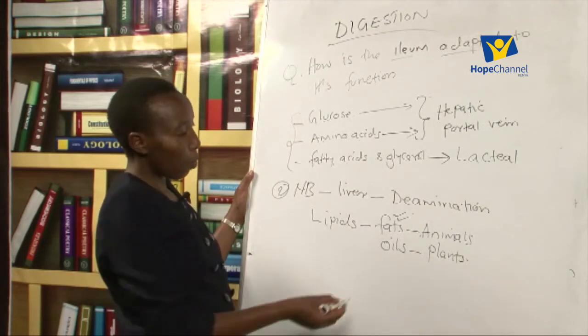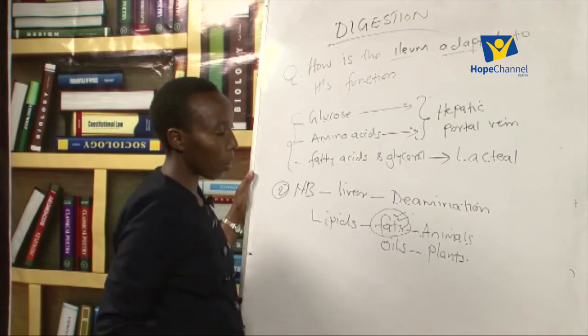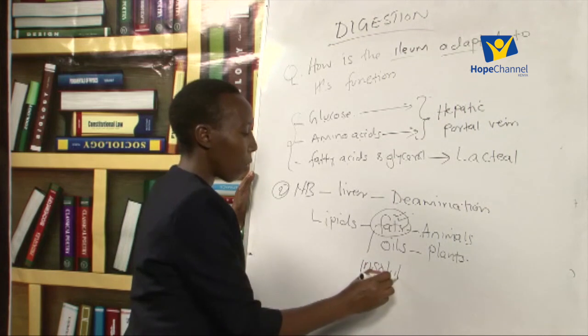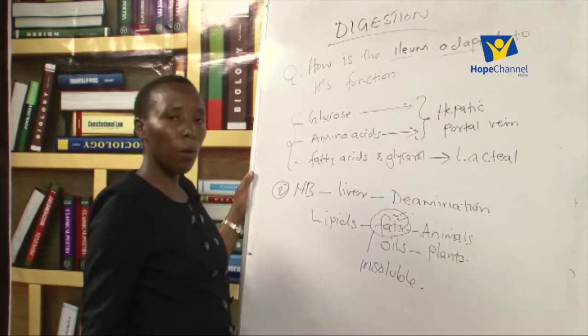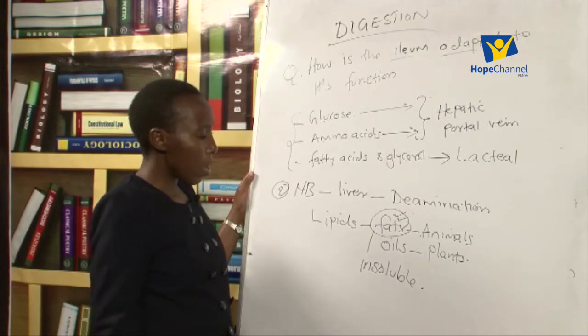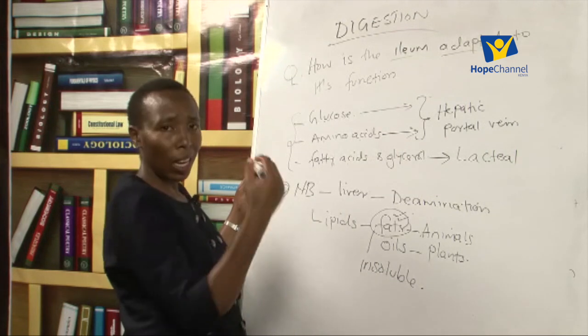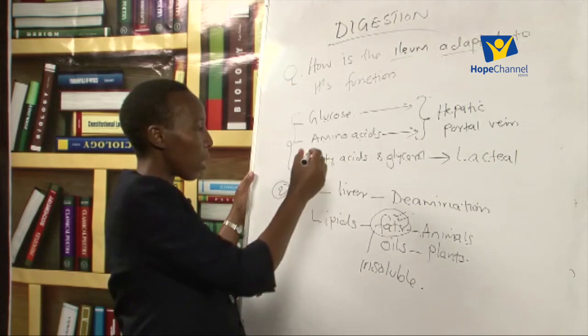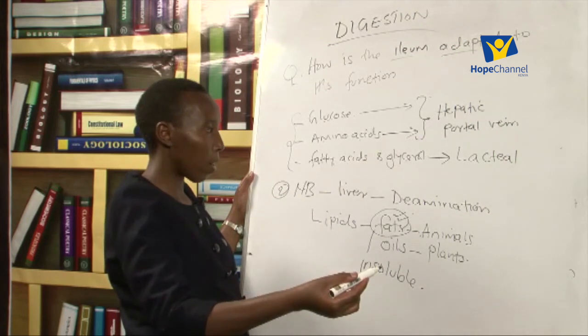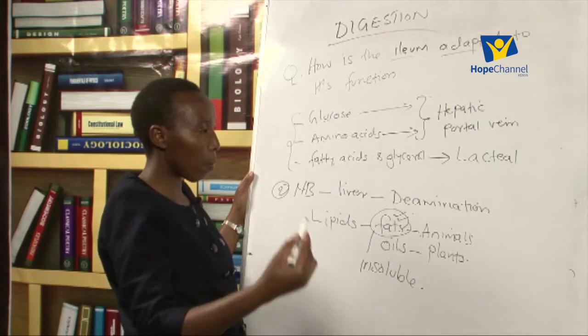That's why I'm saying, what do we know about fats? We know that fats are insoluble. Basically, that is the one key feature I want to pick. Fats are insoluble. So what do you think will happen if the fatty acids and glycerol get into the blood after the absorption?